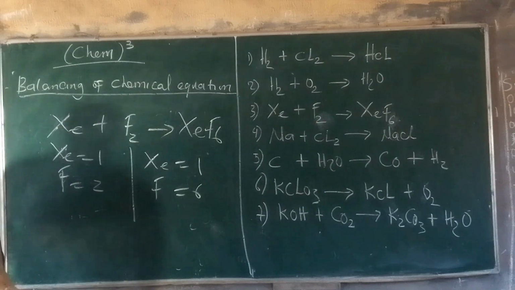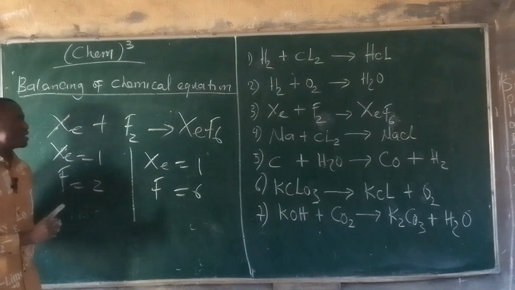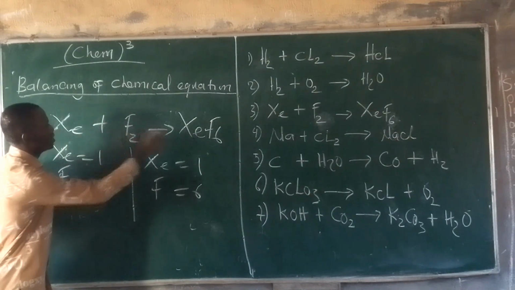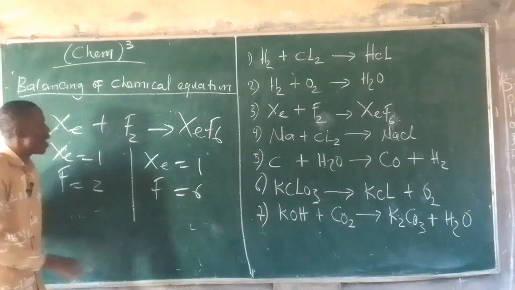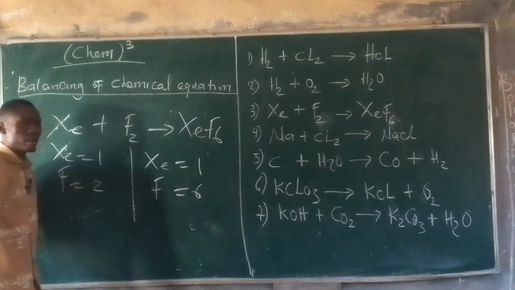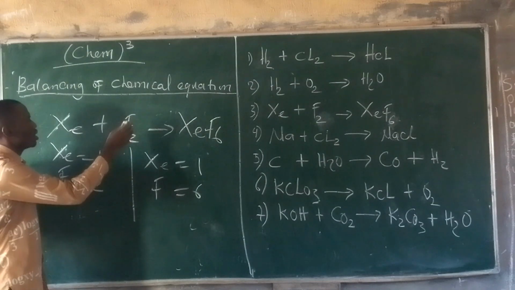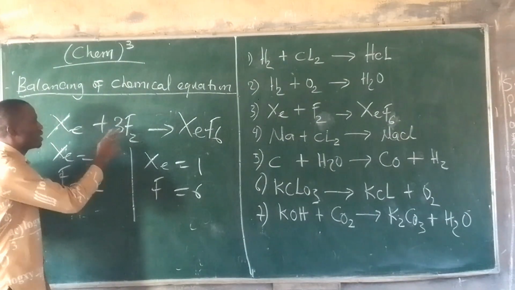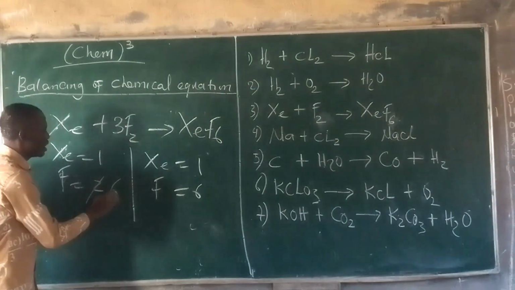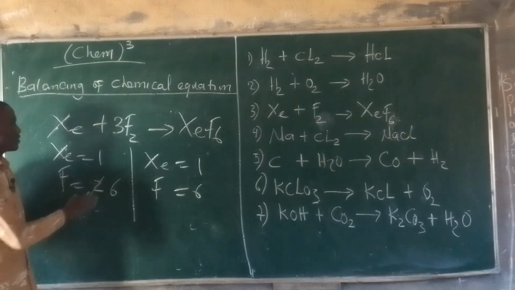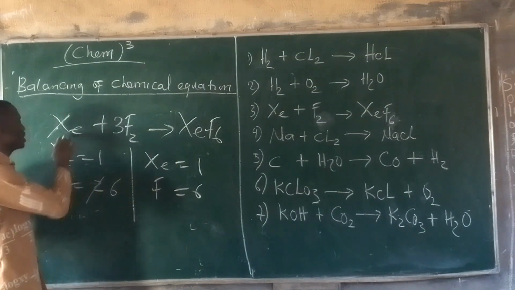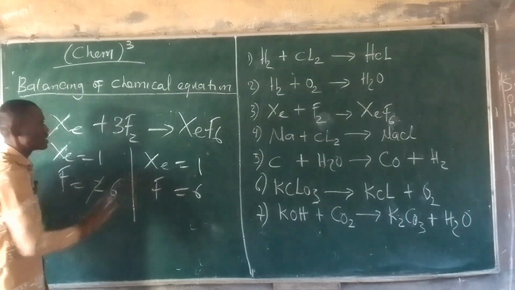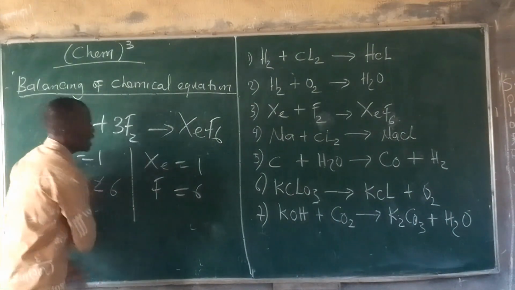What we notice is that the xenon is 1, we don't have a problem with xenon, but we have a problem with fluorine. If I put 3 to the fluorine at the left hand side, 3 times 2, I'm going to have fluorine to be 6. Now we have 6 here, 6 here, 1 xenon here, 1 xenon here. This equation is balanced. Let's go to the next one.